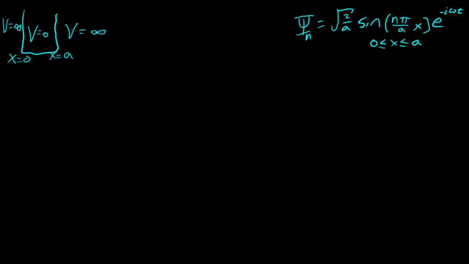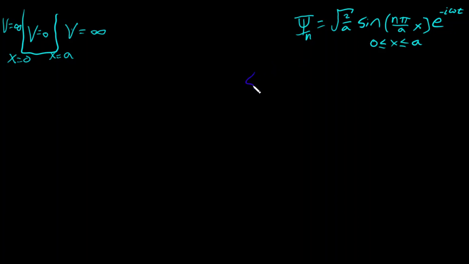Right, and what I want to do is check the uncertainty principle for these states, and along the way, as you know, to check the uncertainty principle, we have to find the expectation value of position, position squared, momentum, and momentum squared. For these especially, I'm just going to write down the equation we would use and then give you the answer.